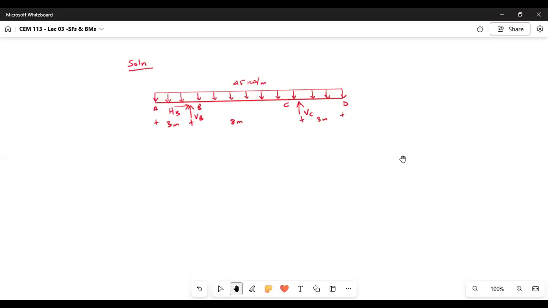All right. So now, as we have learned, once you have a system like this, it is better to convert the whole thing to a UDL.